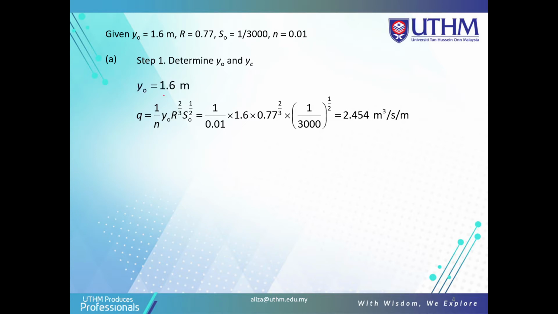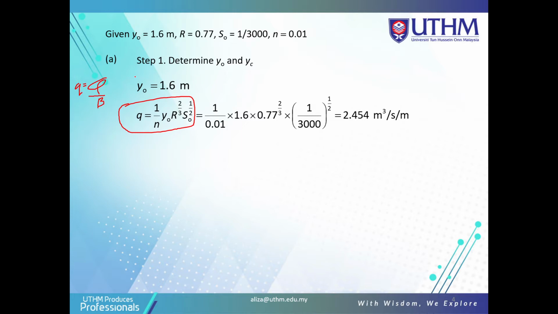Using this equation for rectangular channel, you use this one because the small q, this discharge per meter width, is based on the b here. So we use this formula to get the discharge per meter width.